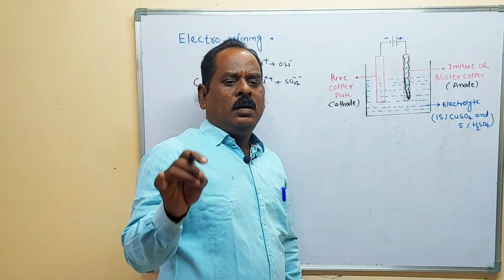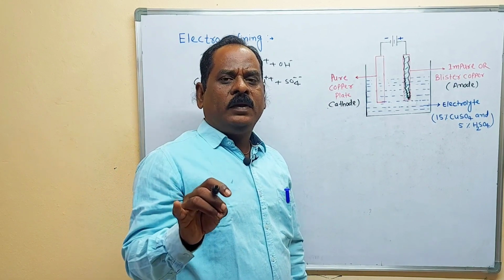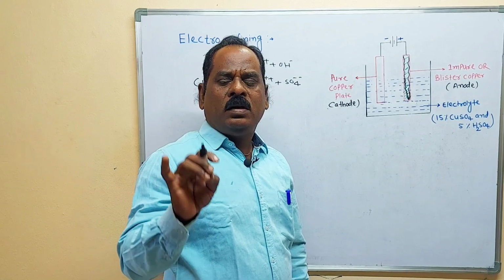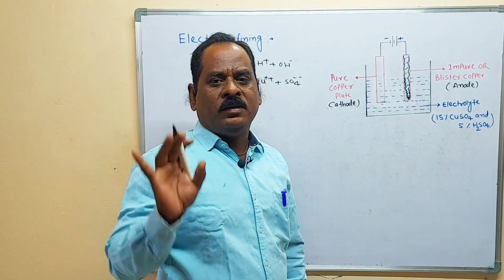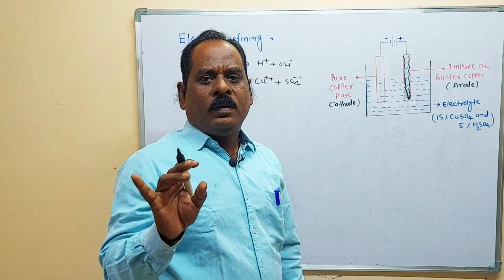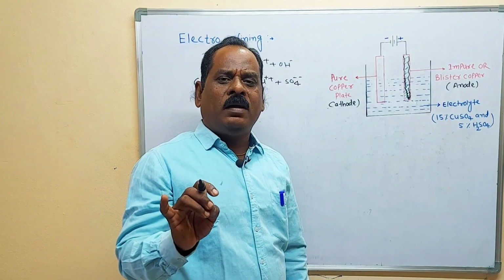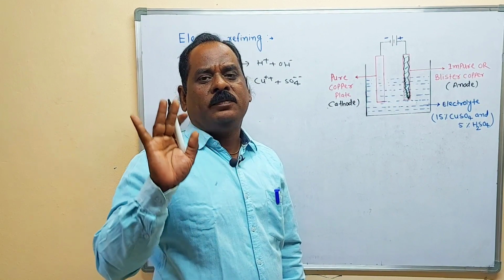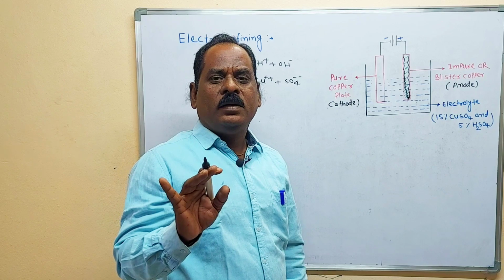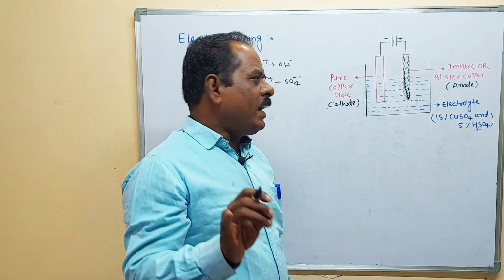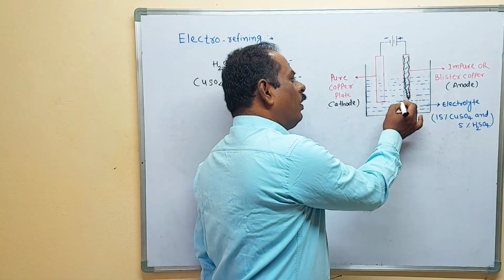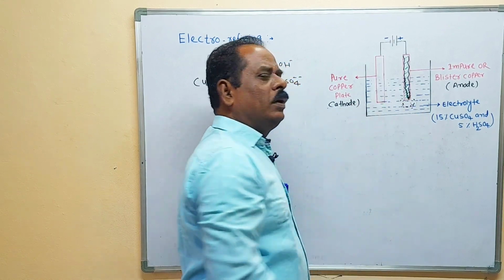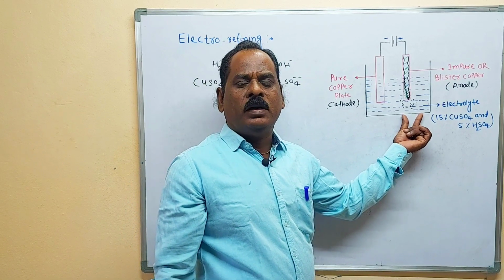Remember, at a low voltage, the highly reactive metals like iron, zinc, nickel are ionized, but the low reactive metals like gold, silver, platinum are not ionized at a low voltage. They are collected in the form of powder at the bottom of the anode, which is called the anode mud.